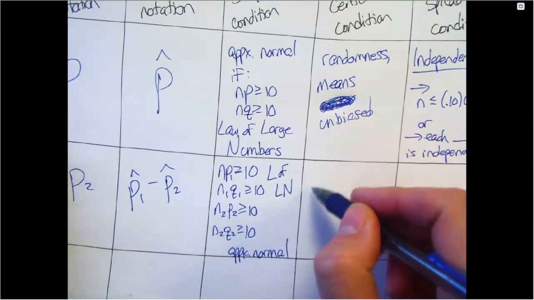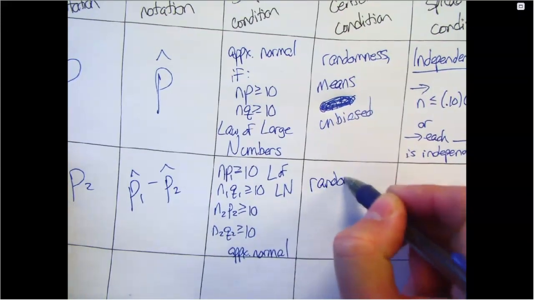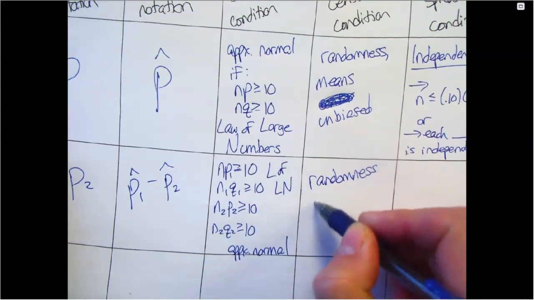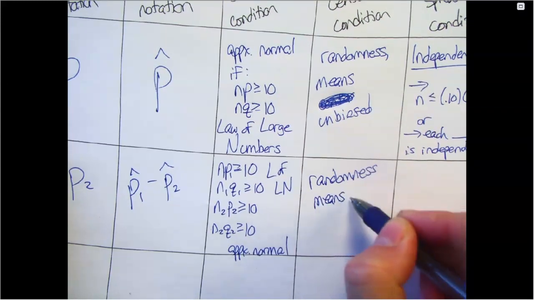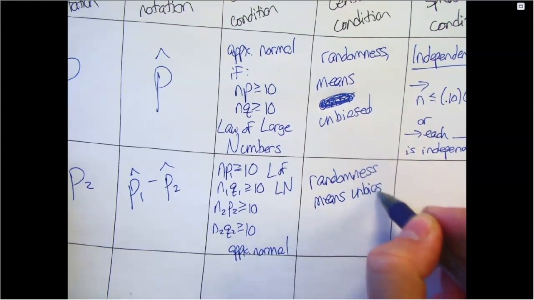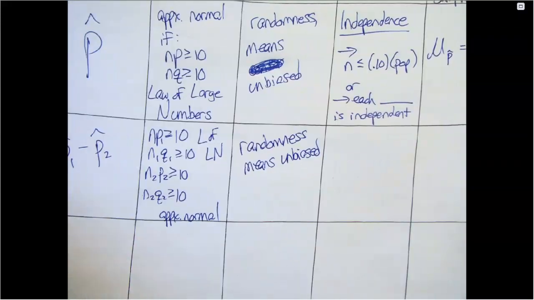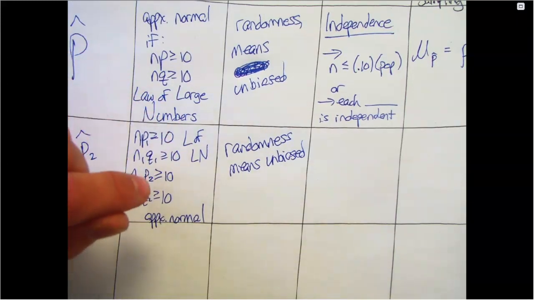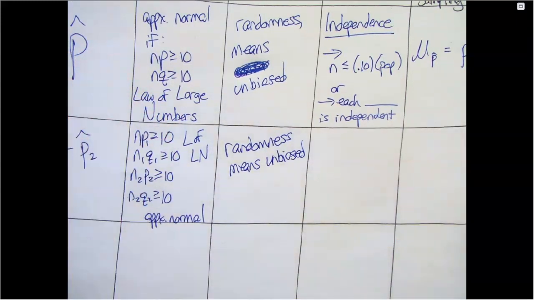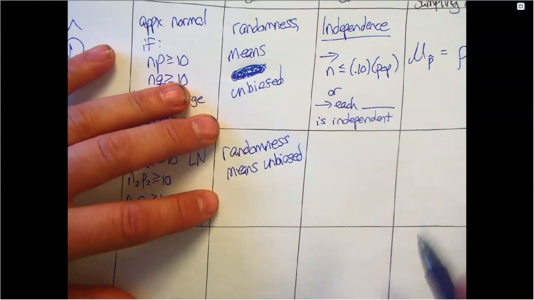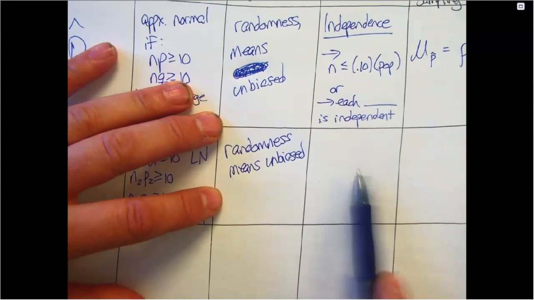The next one's the same, so randomness means unbiased. And then the spread condition is the same, it's just for both samples. So you could just write same as above for both.